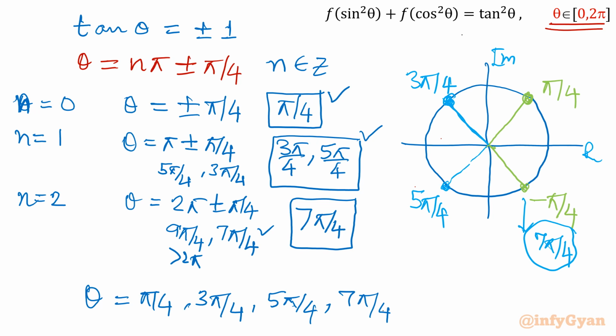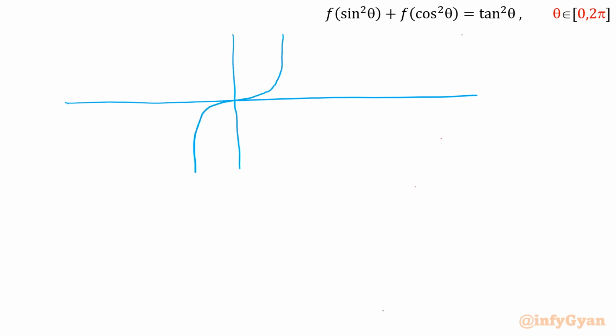Now see the graph part. This is the graph of the tan function. Tan is undefined at pi by 2. This point is pi by 2. 0, minus pi by 2.